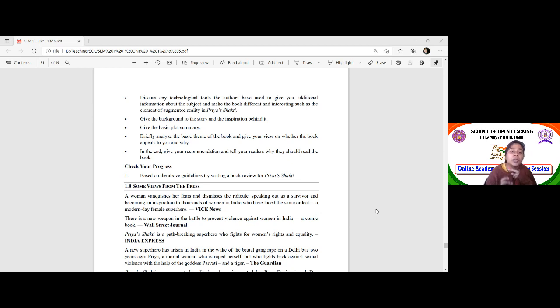So one of the points of being a reviewer is to know the difference between all of this, to be able to apply it, and then form your opinion about the particular book that you're reading.